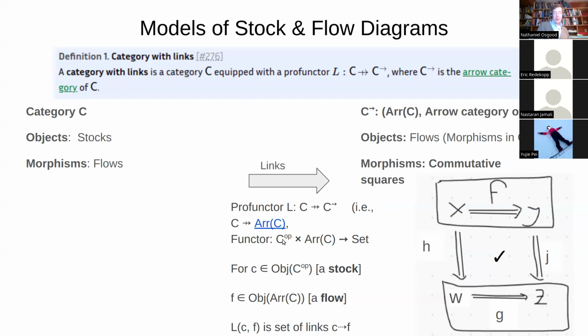And so an object from this product category is a pair of an object from C, which is a stock, and an object from arrow of C. What's an object in arrow of C? Here's one right here. It's a flow. Okay, thank you, Eric. It's a flow.